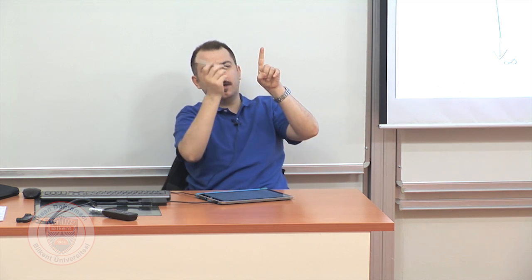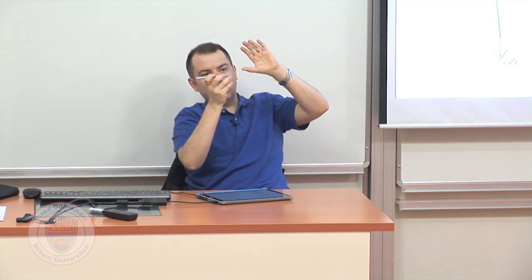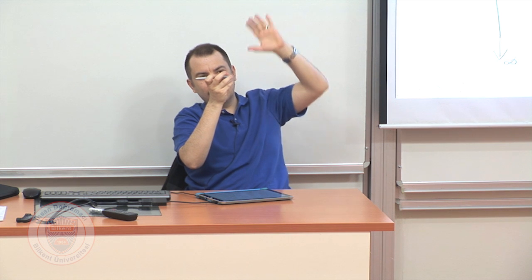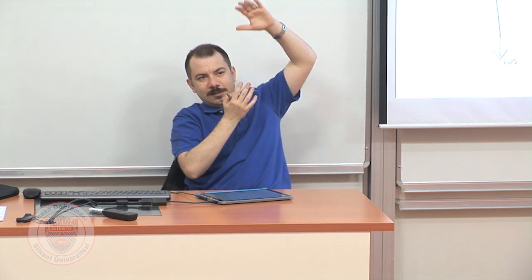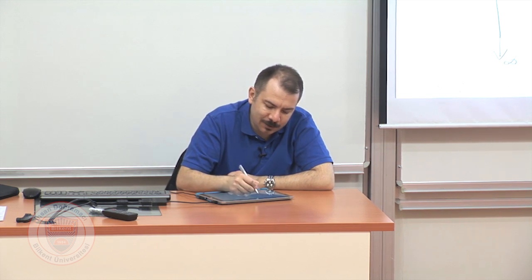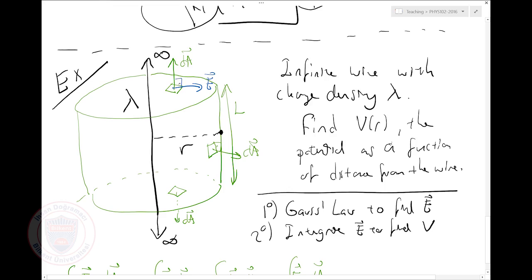Can the electric field choose between up or down? There are equal amounts of charges above any point and below any point. So it's actually an infinite system, right? So the only way the electric field can point is perpendicular to the wire. It will always be perpendicular to the wire.